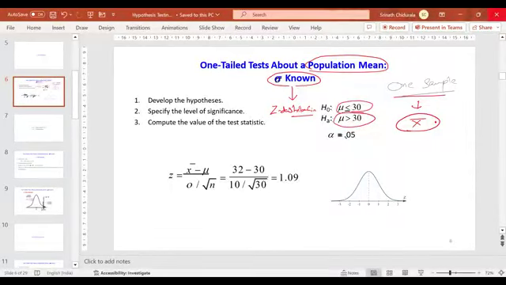By looking at the alternate hypothesis, we arrive at whether it is a lower tail test, an upper tail test, or a two tail test. If in the alternate hypothesis we find the greater than sign, then it is an upper tail test. When it is the less than sign, then it is a lower tail test. If it is not equal to, then it is a two tail test.